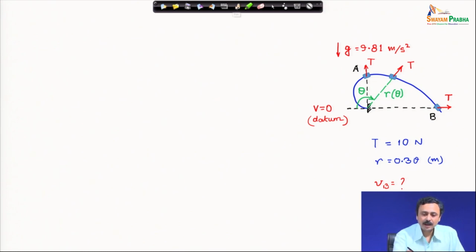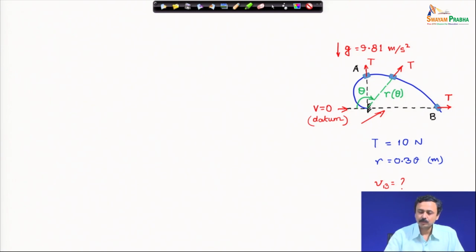In this problem, I have chosen the datum as this horizontal line. Therefore, this is our datum where V is 0. From here, I will measure my vertical motion.